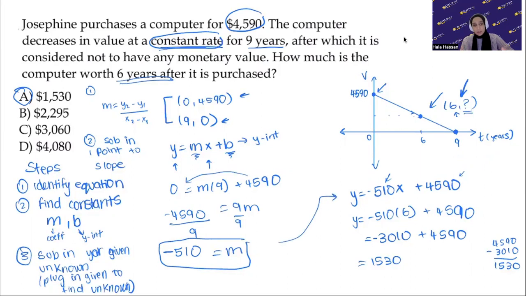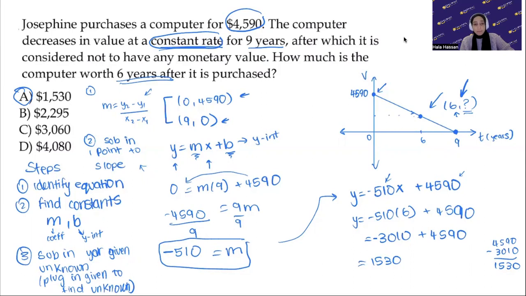So it really depends, if you can do this one faster than subbing in a point, then do that. If you feel like actually I can sub in a point and find it faster, then do that. It really is up to you.